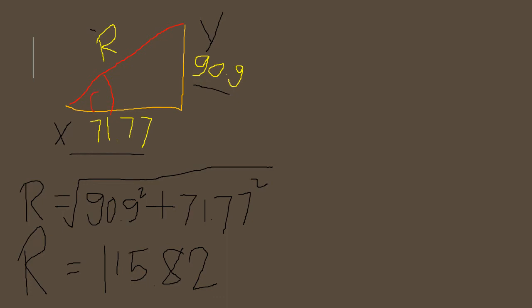So kunin na naman natin yung kanyang angle from the horizontal. So angle theta. So to get the angle, we'll be using tangent function. So tangent theta is equal to 90.9 over 71.77.